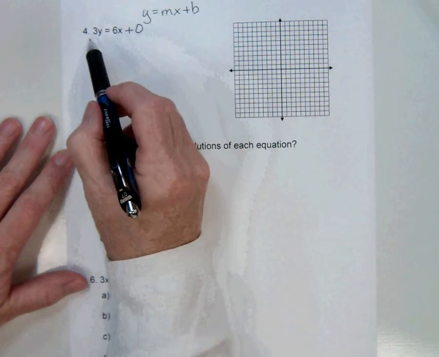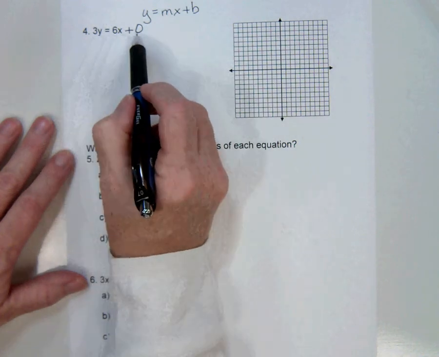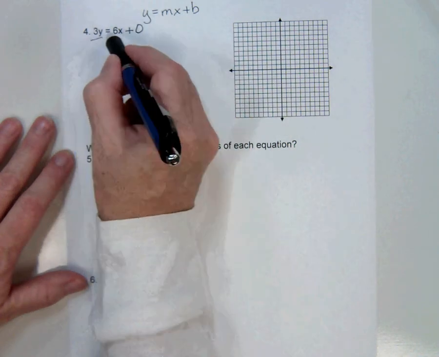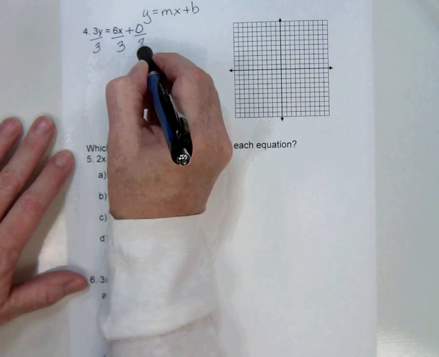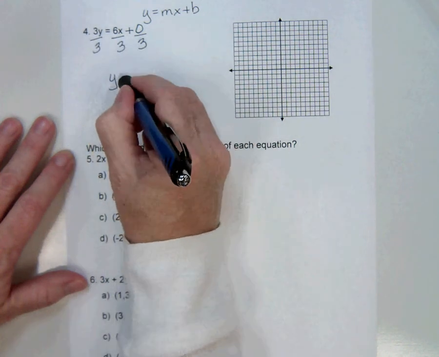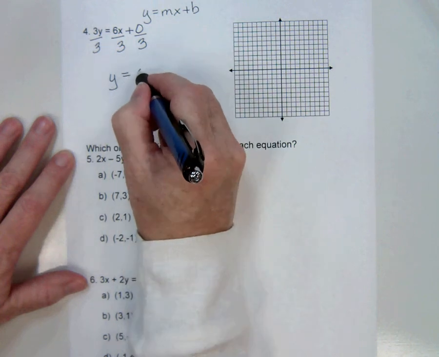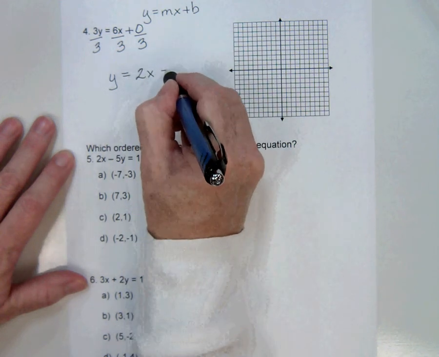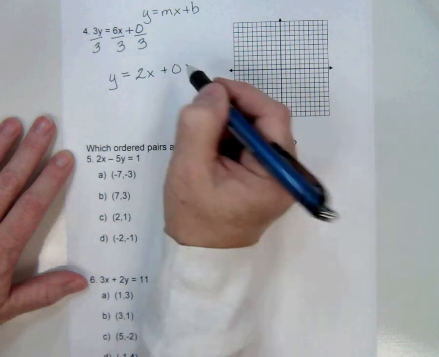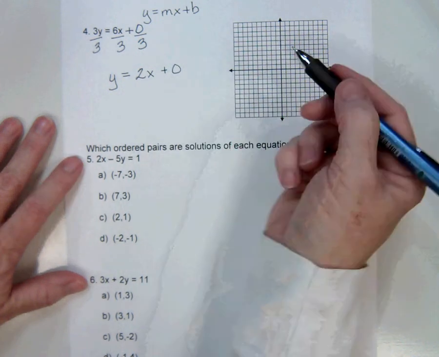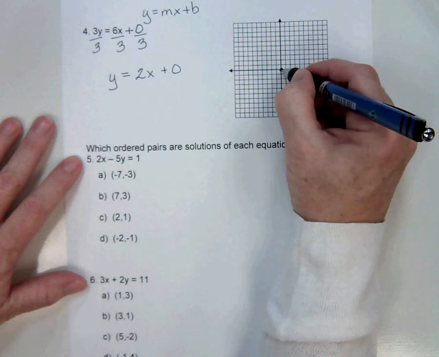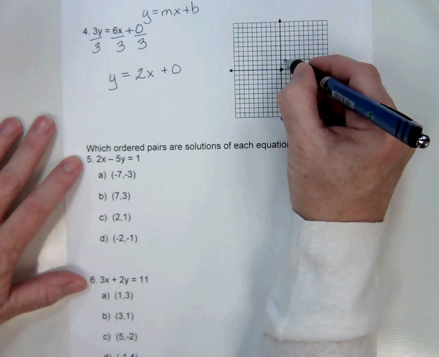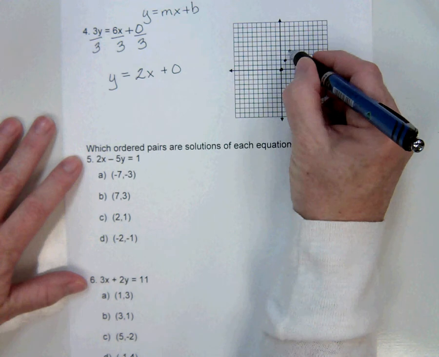The only thing to get this in y-intercept form is to do the division of 3. So this ends up being y equals 2x plus 0. So you're still starting at 0, 0. There's your y-intercept. You're moving up 2 over 1, up 2 over 1.